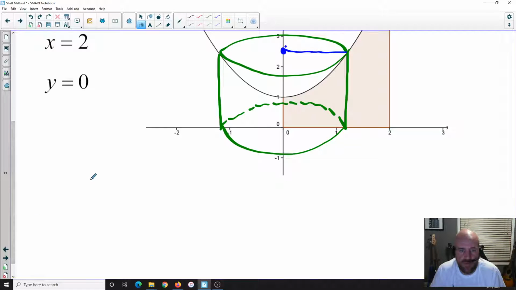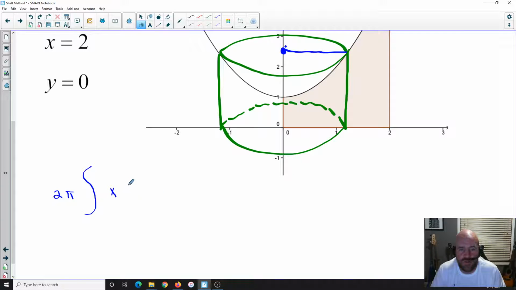So remember, the integral is given by 2 pi. I'm going to go ahead and take this on the outside. 2 pi times our radius. Our radius in this case is the distance from the y-axis, so the x value, times the function height.